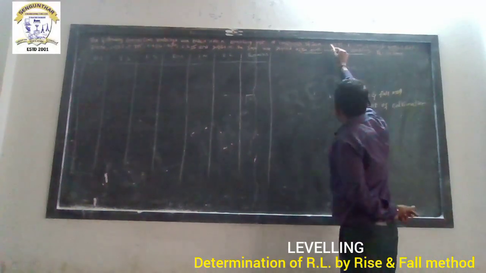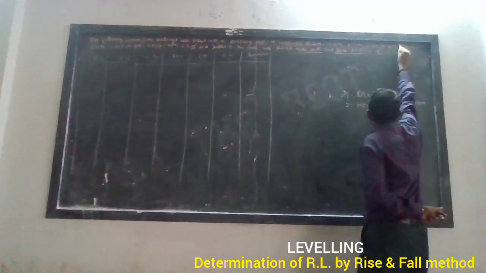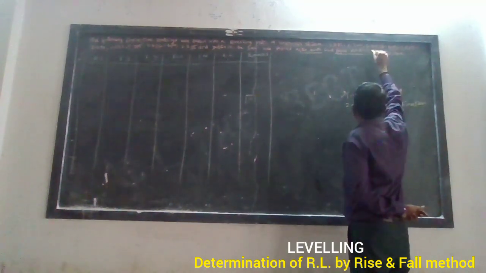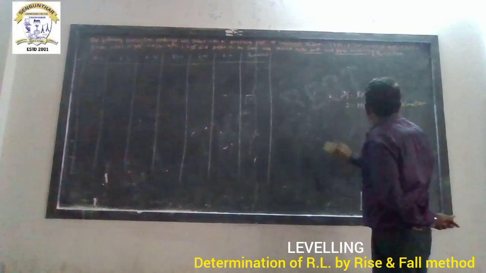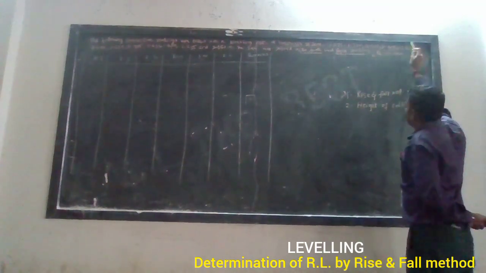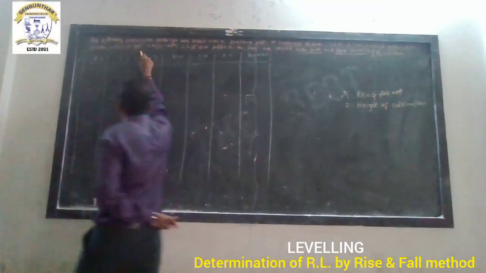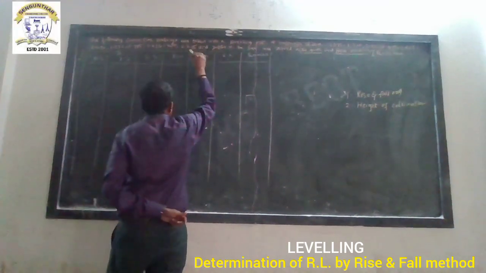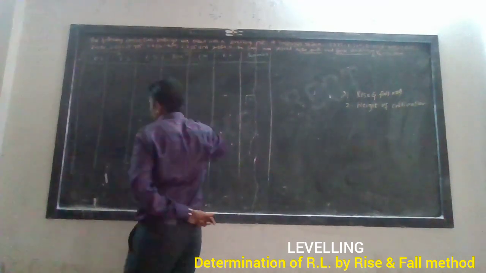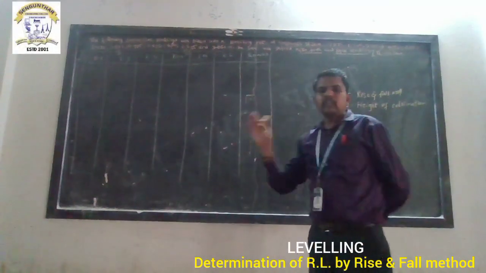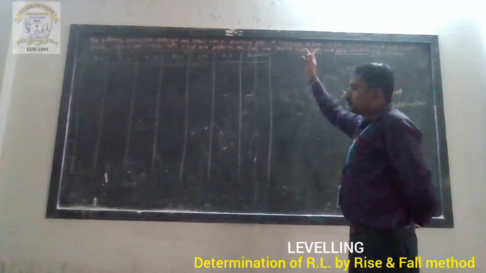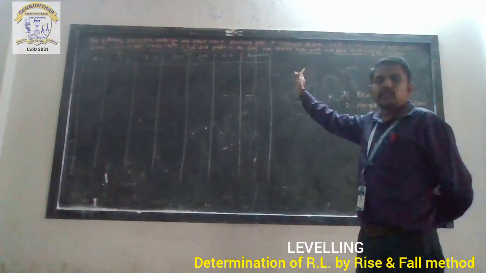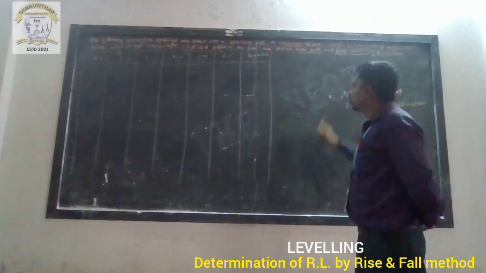Starting from the first reading to the 4th reading, this is set 1 readings. Starting from the 5th to the 8th, it comes under set 2 readings, and the remaining values come under set 3 readings. For that classification only, the question mentioned that the instrument was shifted. From that question we have classified the different sets of readings.